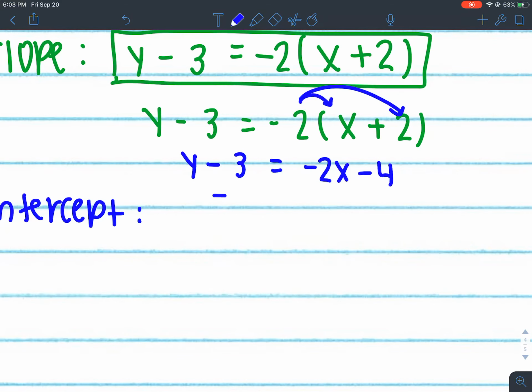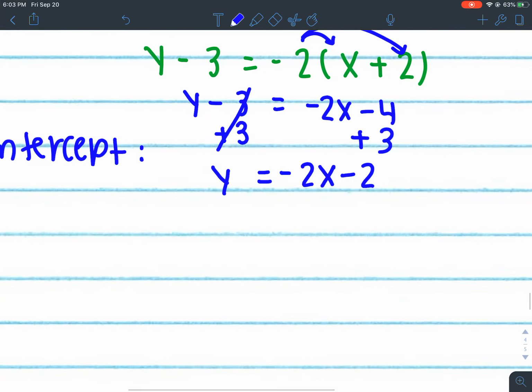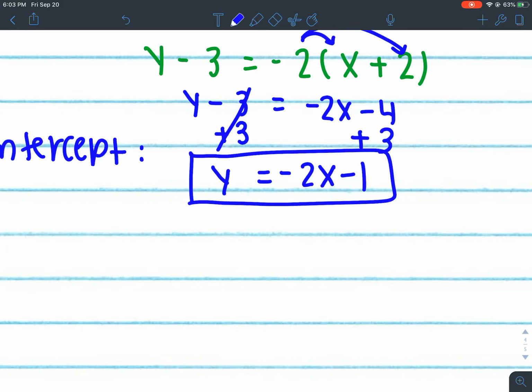The next step to get y by itself is add 3 to both sides. I have y equals -2x minus 2. Is that right? Just kidding, -1. Okay, I'm like, what did I do wrong? Okay, so that's my slope-intercept form.